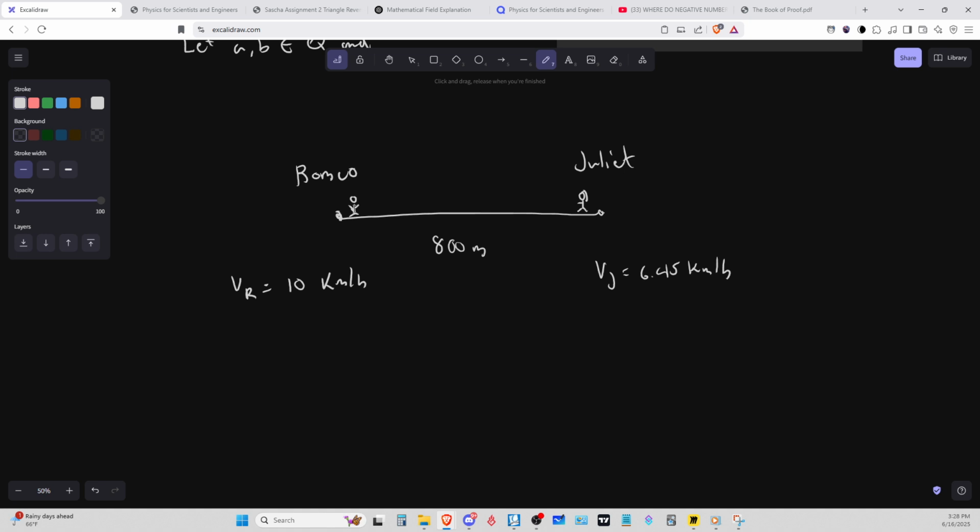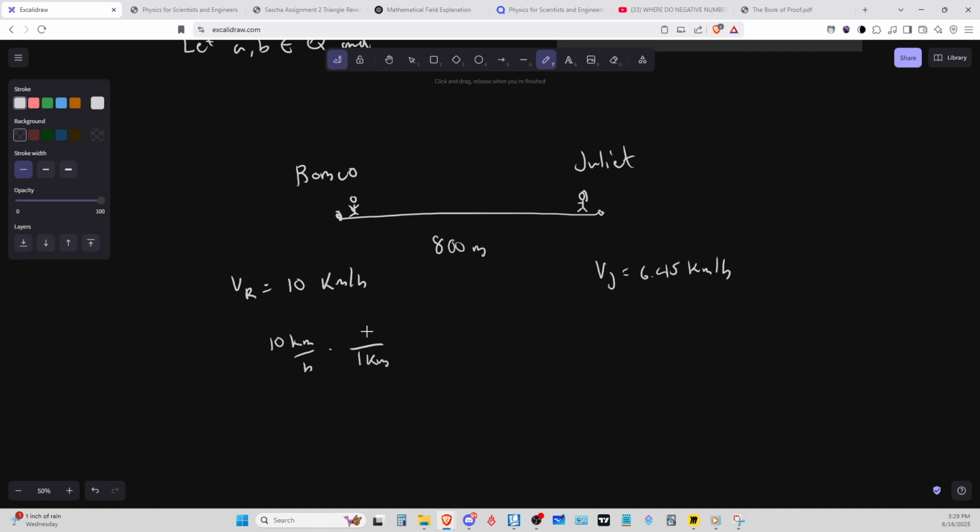So it's per hour. Typically I would just convert the units to meters per second, so let's do that first. Because it's 800 meters, there's no point in doing it in units that don't make sense.